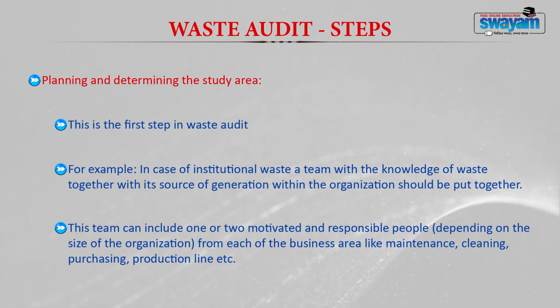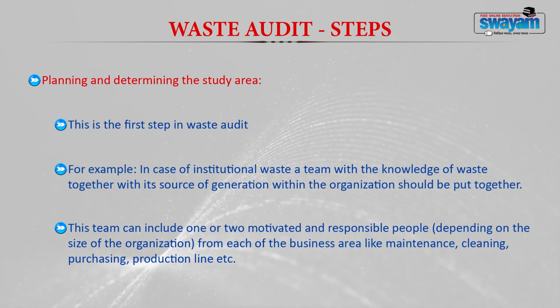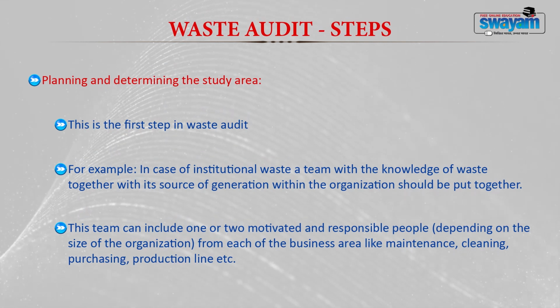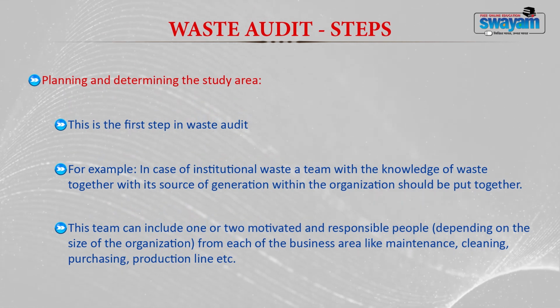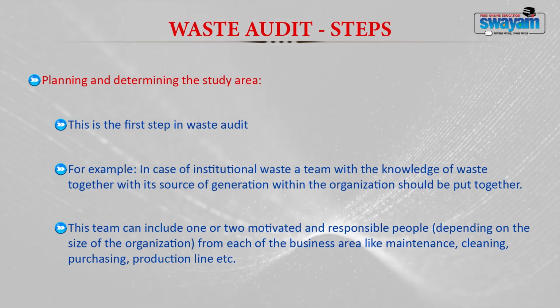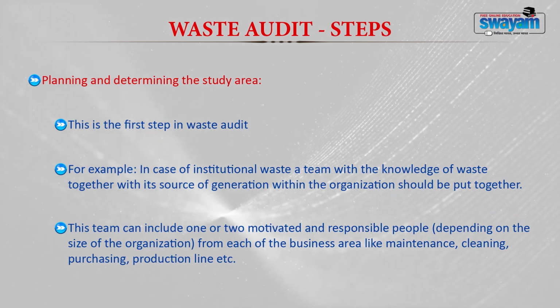This team can include one or two motivated and responsible people. How many people will be involved will depend on the size of the organization, and people can be included from each business area like the maintenance division, cleaning division, purchasing division, production line, etc.